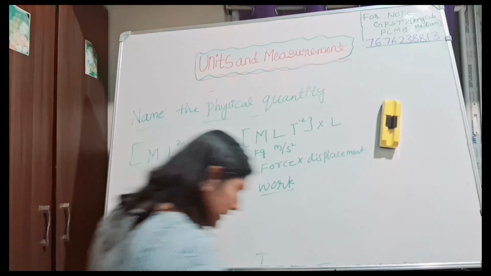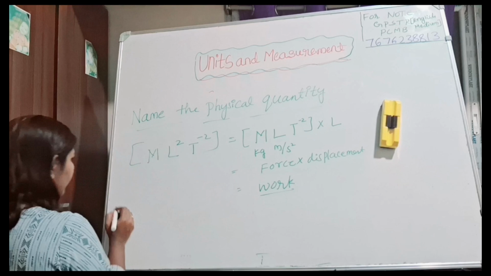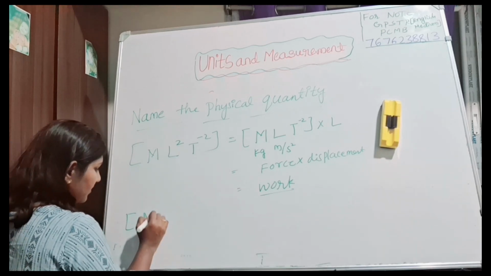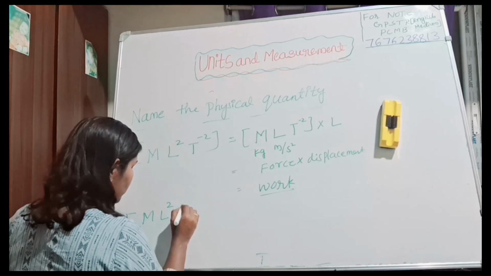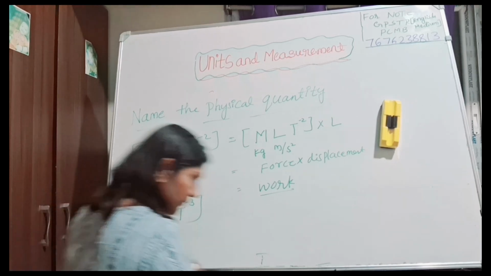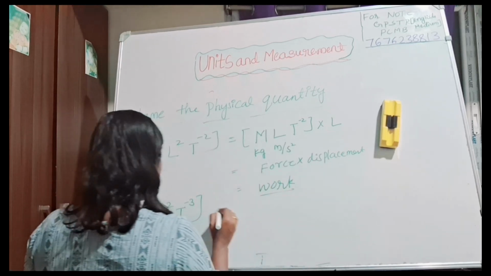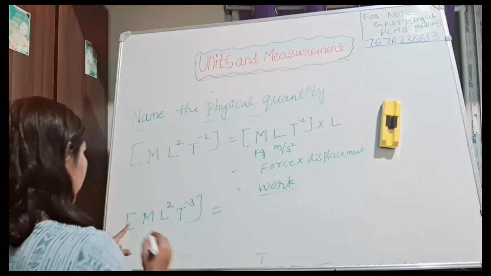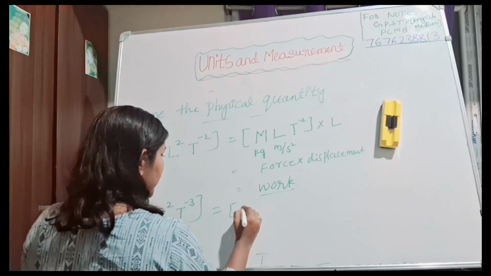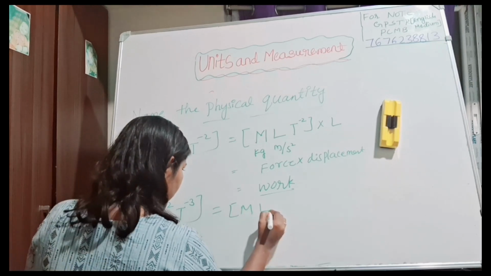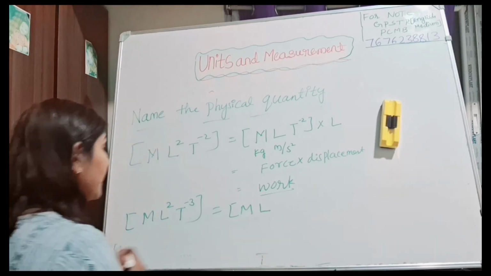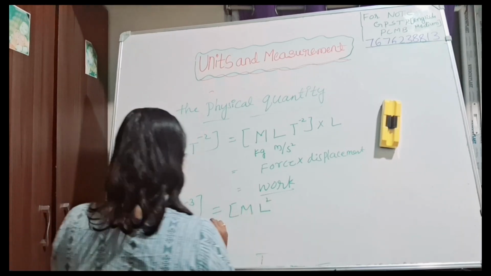Similarly, another one. I will write M L square T to the minus of 3. First I will write M, which means kg. I will write L square, meaning meter square.